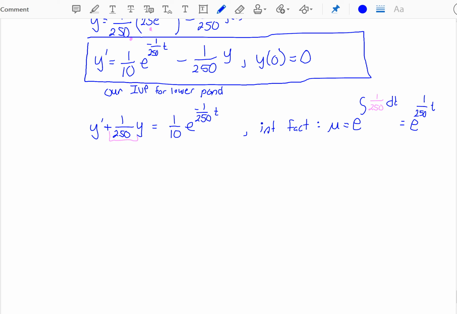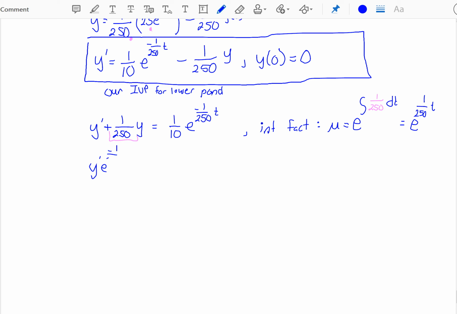Okay, let's see how you did. I hope you continued like I suggested and solved this for y using your integrating factor method. And what I hope you did is you multiplied everything by your integrating factor.